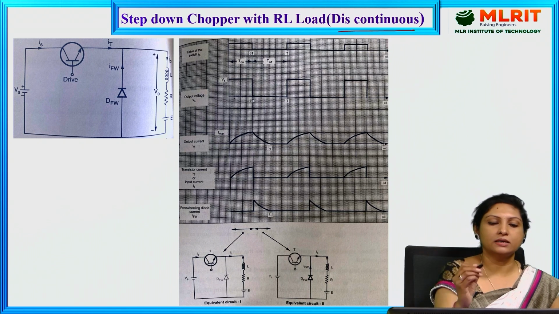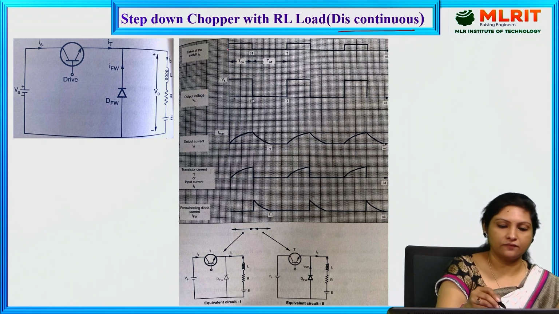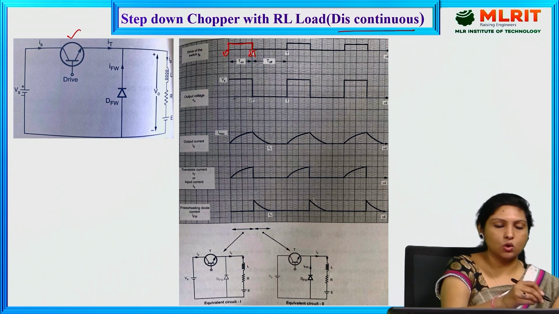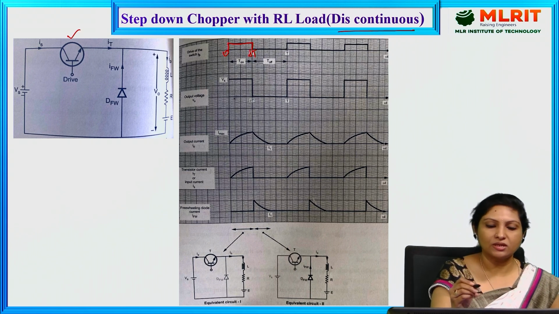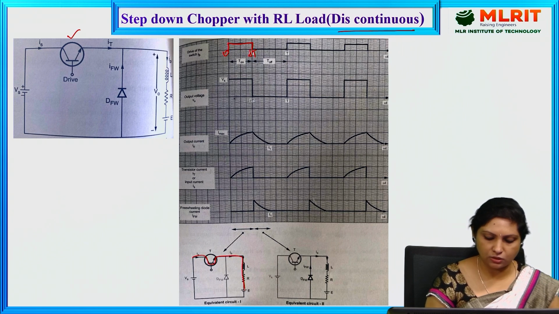And let us check out the waveforms for this step down chopper with RL load for discontinuous current mode of operation. The moment we provide the gate drive, that is from 0 to delta T, we are providing the base drive for this particular transistor, and hence it got turned on. And when the transistor is on, this is how it is driving the current through the load.